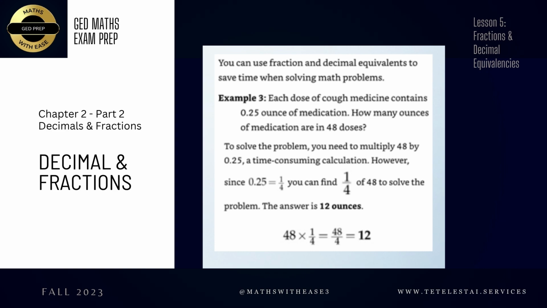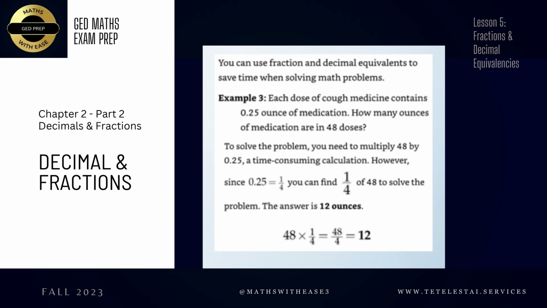You can write 48, a whole number, in its fractional form as 48/1. So 48 times 1 is 48, and 1 times 4 is 4.